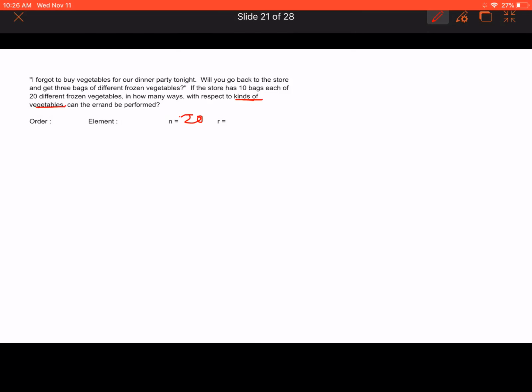Otherwise they may make a mistake: if the store has 10 bags each of 20, 10 times 20, 200 bags also we can suggest, but they are clearly saying that with respect to kinds of vegetables, so there are 20 different kinds of vegetables, so just put 20 as n. And what we have to select: go back to the store and get 3 bags of different frozen vegetables. The word different is very important.